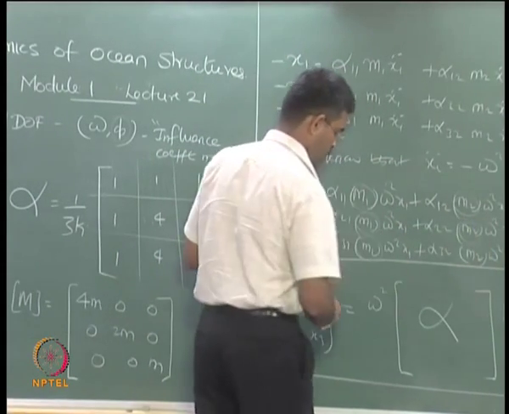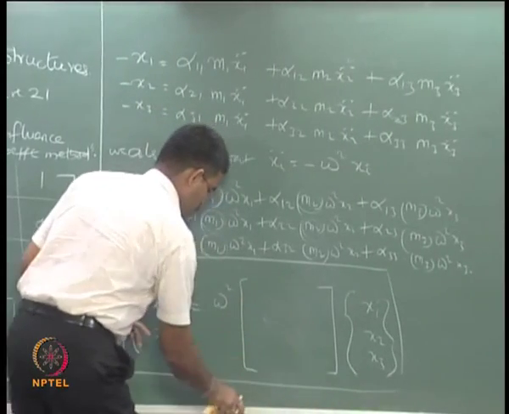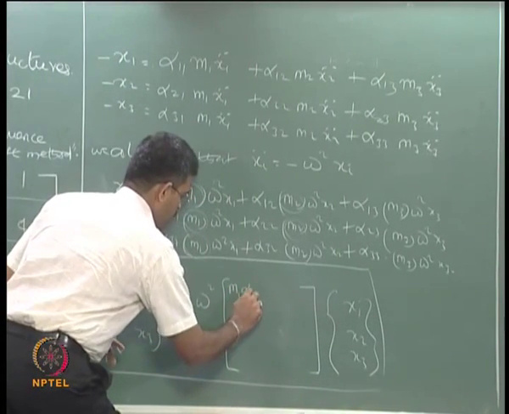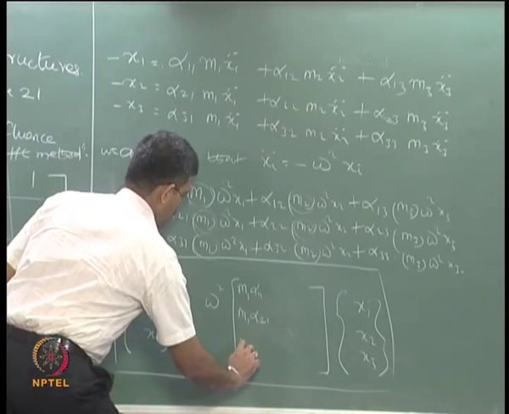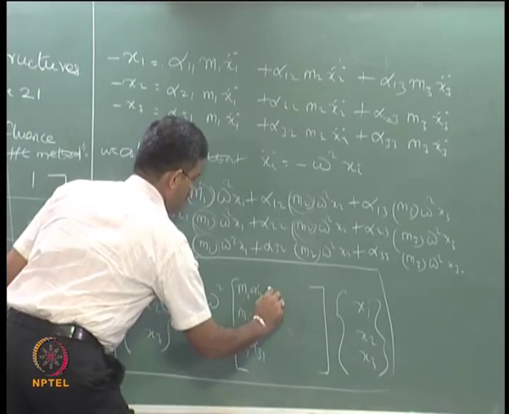So this will be M1 times alpha 1 1, M1 times alpha 2 1 and M1 times alpha 3 1 and so on.